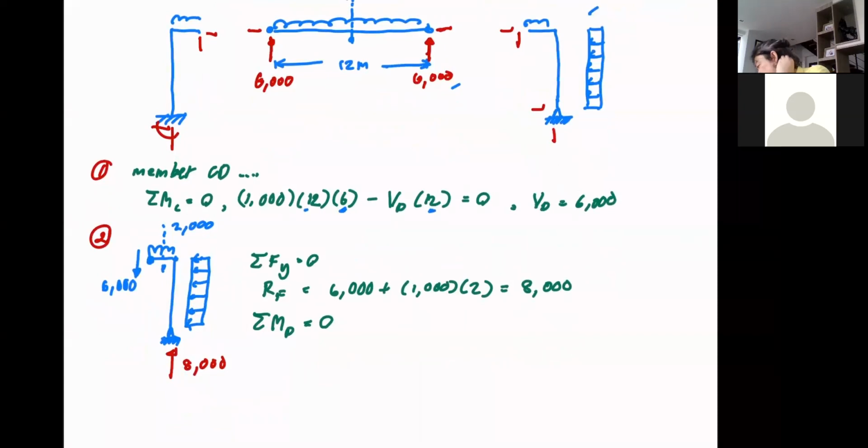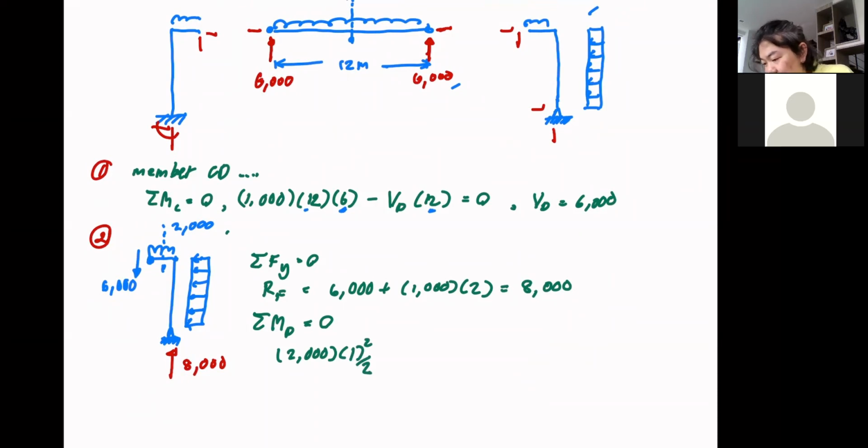So when you take sigma MD equal to 0, you would have the moment from that 2,000 multiplied by 1 squared over 2, right?